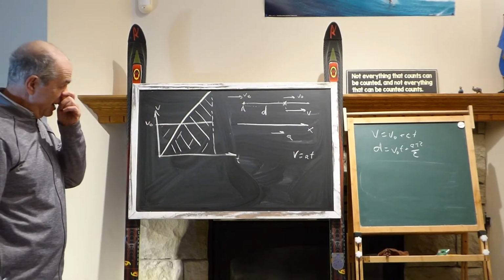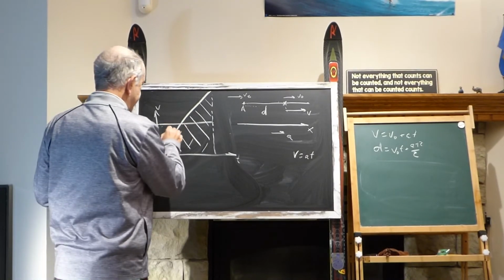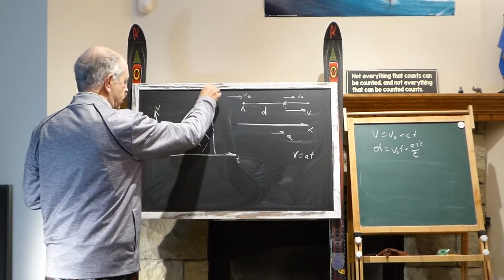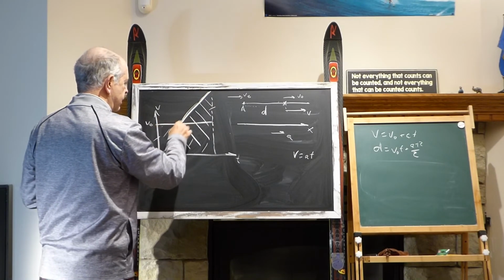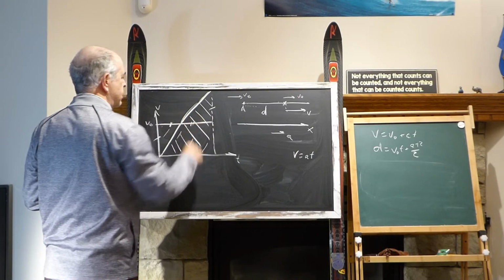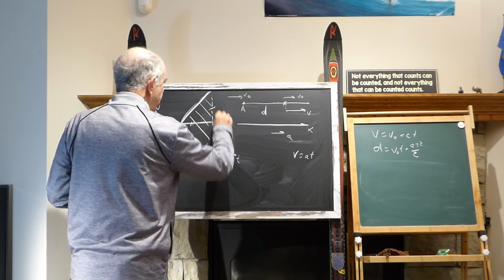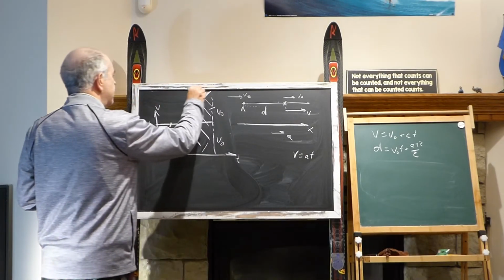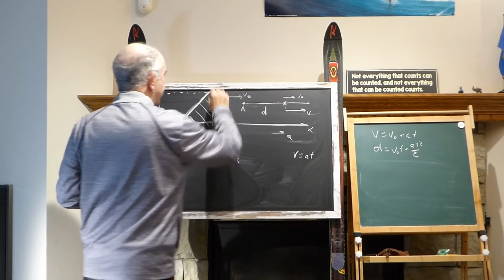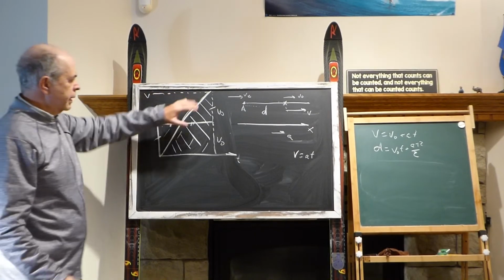So those two areas are the same, and the only way to do this is if this area equals this area, because just looking at those triangles we can say this should be equal to this and this should be equal to that. Basic geometry. And that means that this is v0 and this is v0, and that means that the speed v attained by the car should be double v0.